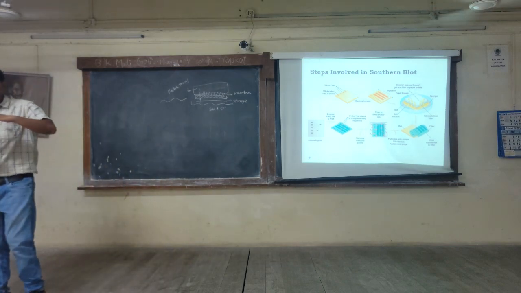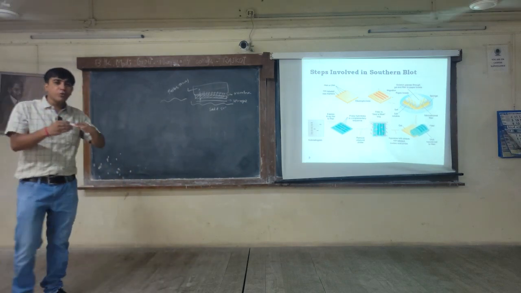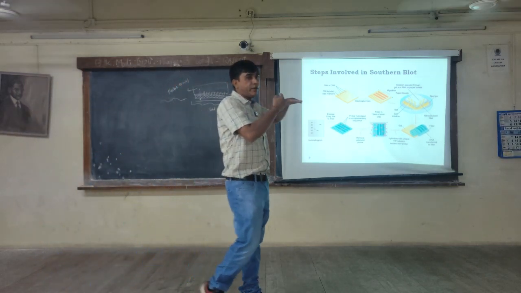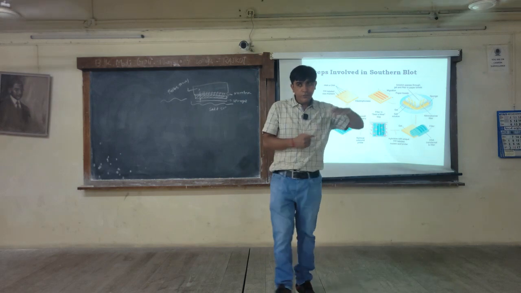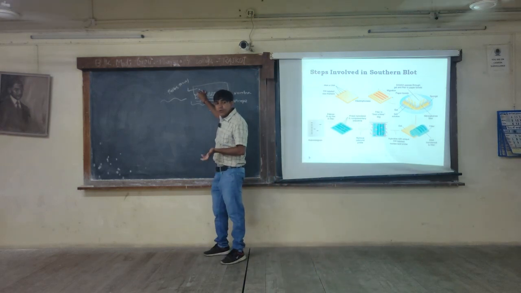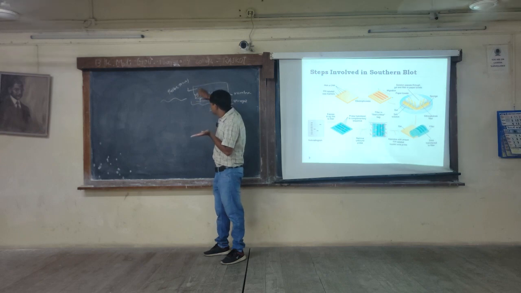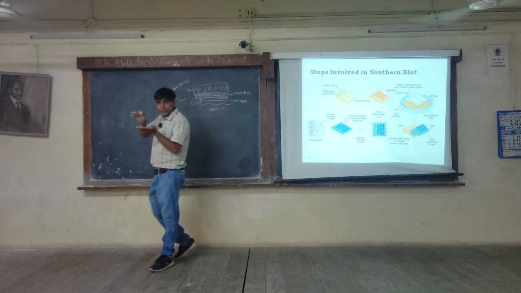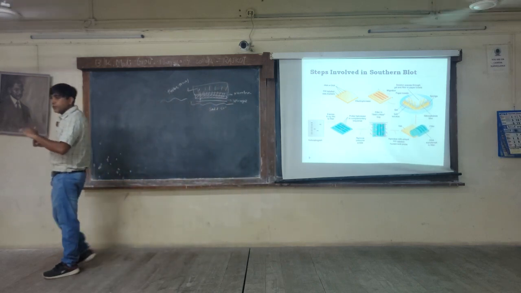Through those pores, DNA, RNA, or protein molecules cannot migrate. Only salt solution can migrate. So it will lead to accumulation of the DNA or RNA molecules on the membrane. The salt solution will be transferred to the paper towels. They will absorb it. We can replace them if they are saturated.